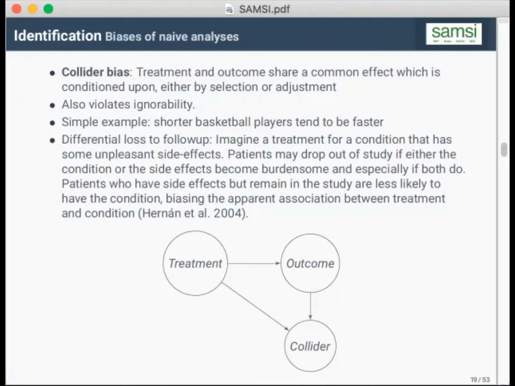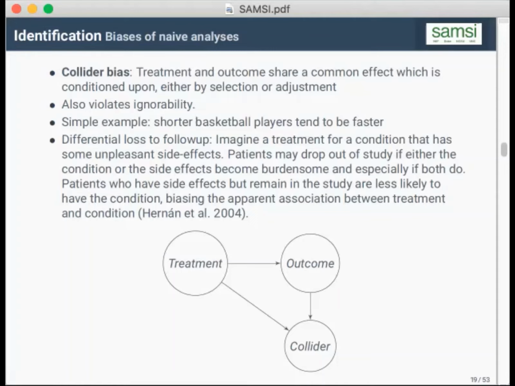A really simple kind of canonical example is that in order to be an elite basketball player, you usually have to be really tall. But if you're not really tall, you can sometimes compensate with really amazing other skills, like being extremely fast. So if you condition on being an elite basketball player, that's the collider here, it induces extra dependence between height and speed.